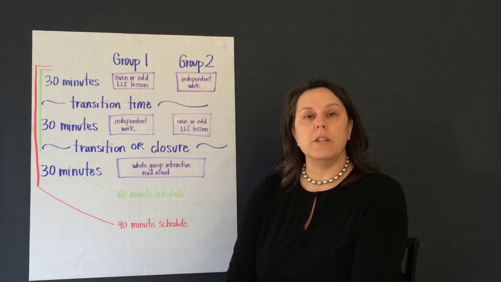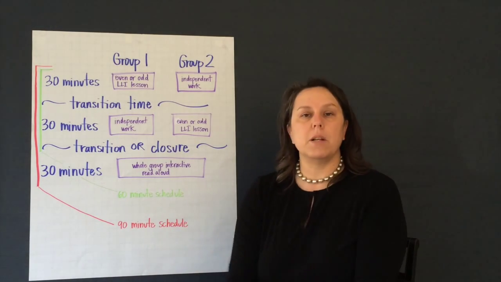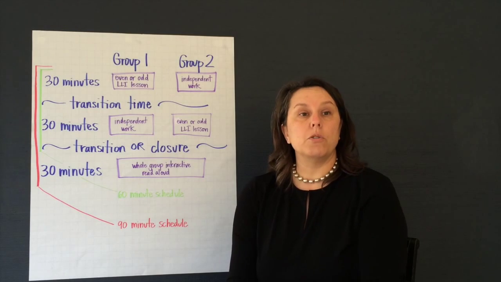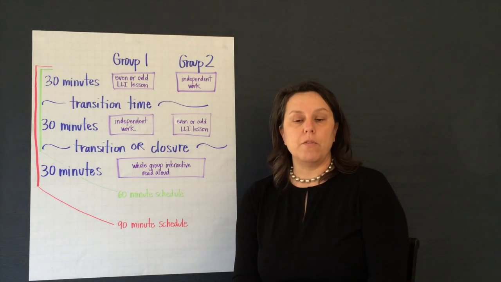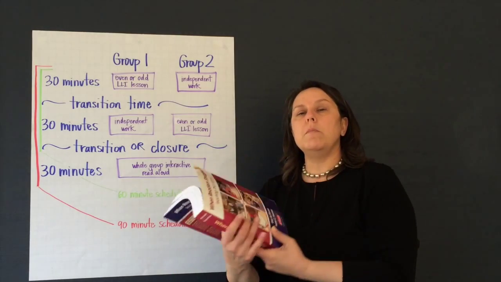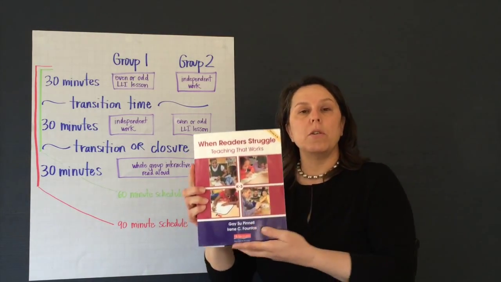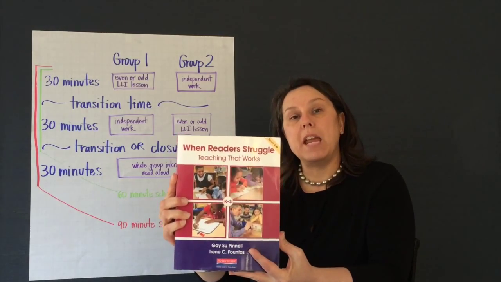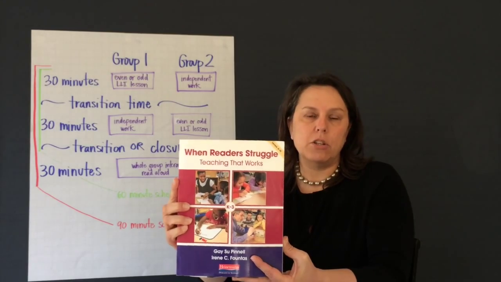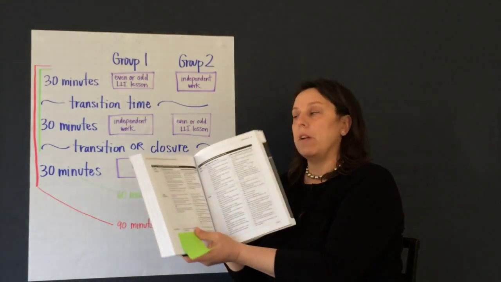And again, those 90-minute teachers will have all 3 of these 30-minute blocks to complete their schedule. Again, there'll be a segment that goes through the details of that interactive read aloud time, but briefly so that you have a strong sense, what you're going to be doing is using the second grade on-level resources and pages from When Readers Struggle that dig deeply into the reading comprehension that's needed to be a strong second grade reader.